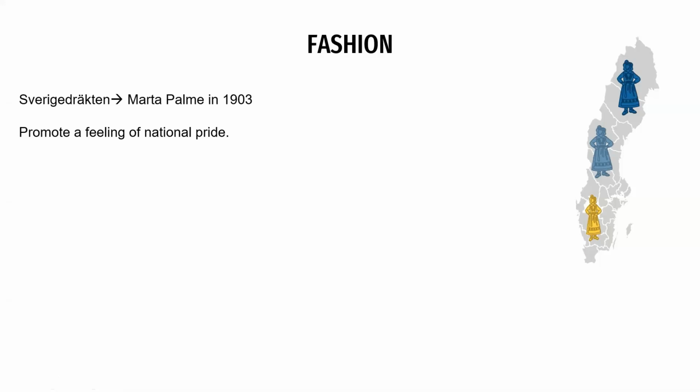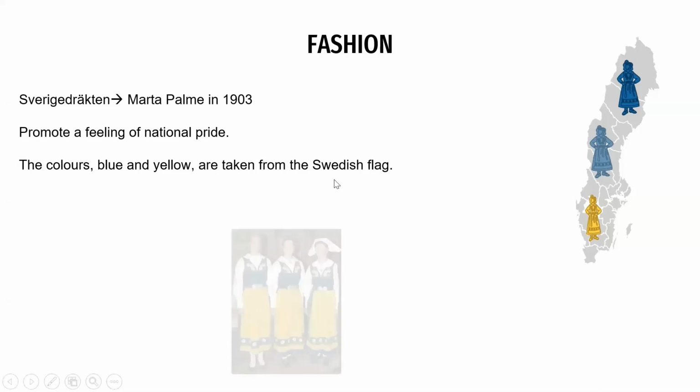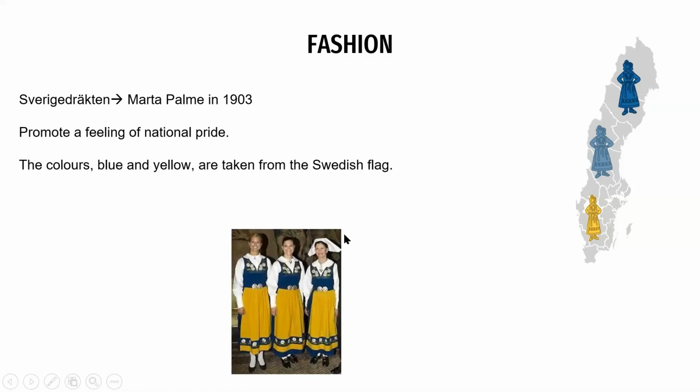It was to promote a feeling of national pride and no discrimination to other people. The colors were blue and yellow, taken from the Swedish flag. This is the most common dress worn by the women. Then came a dress for the men too in 1982.